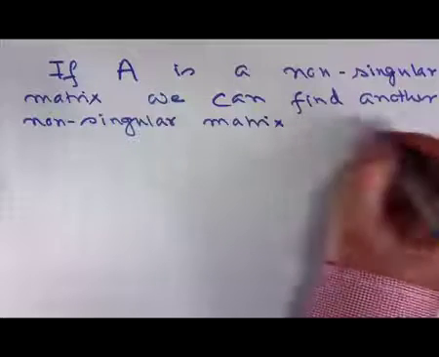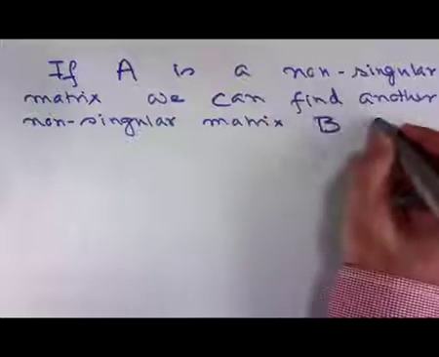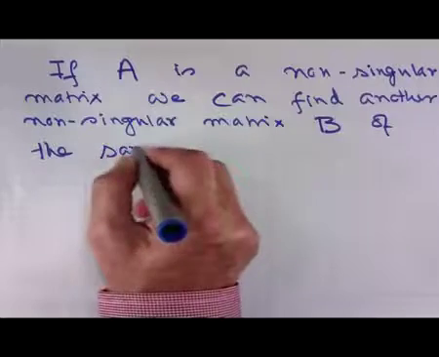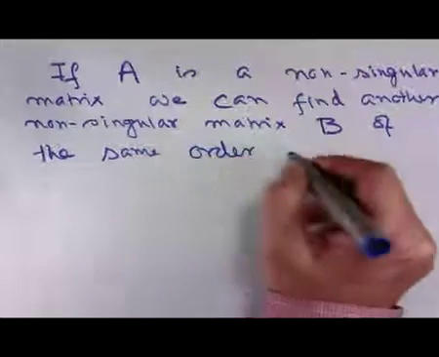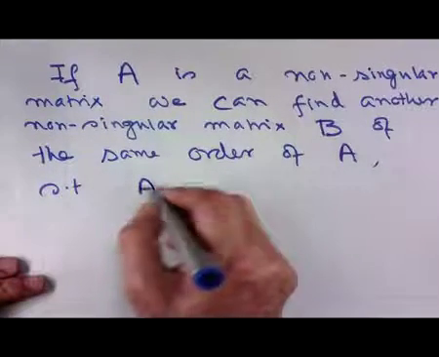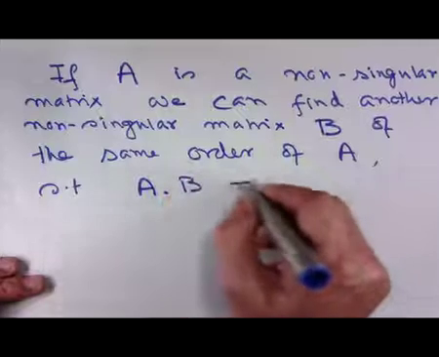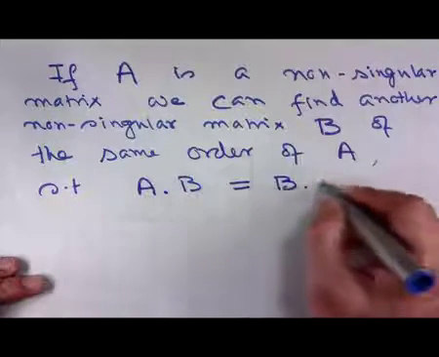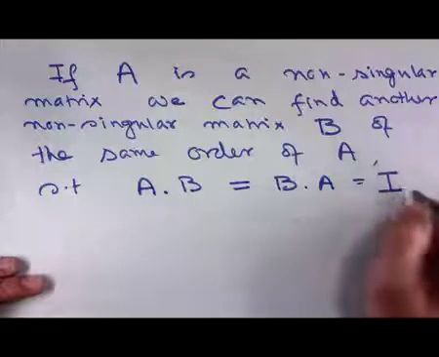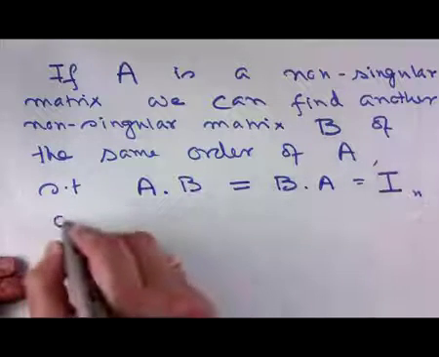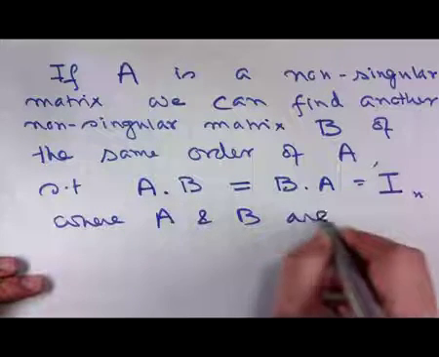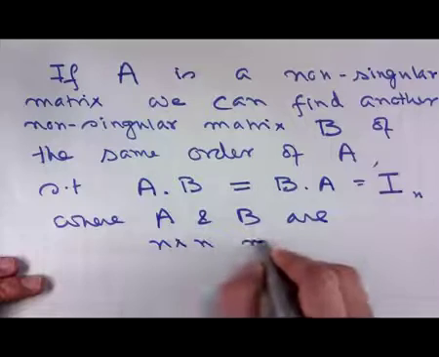So, we are talking about the other matrix B of the same dimension, or of the same order as A, such that A multiplied by B is equal to B multiplied by A is equal to the identity matrix of order n, where A and B are n cross n matrices.